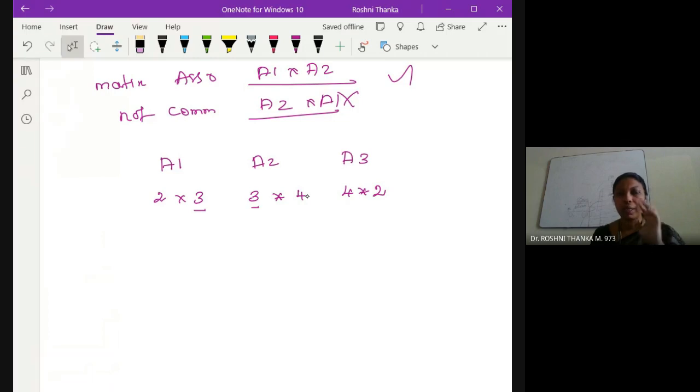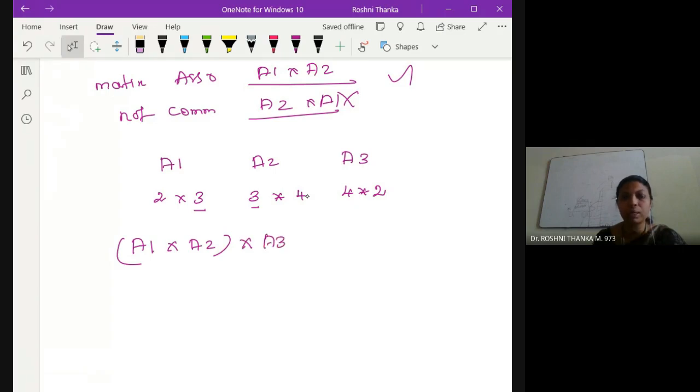Now whenever you want to multiply matrices, you can multiply only 2 matrices at a time. We cannot multiply 3 matrices at a time. So if I have 3 matrices, I have 2 possibilities to do this. What are the 2 possibilities? First, I can do like this. I will multiply A1 and A2 first. With the result, I will multiply A3.